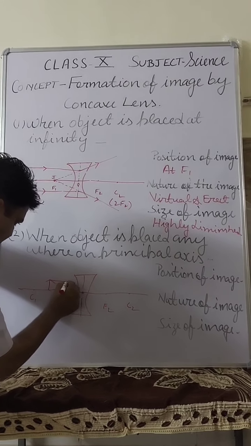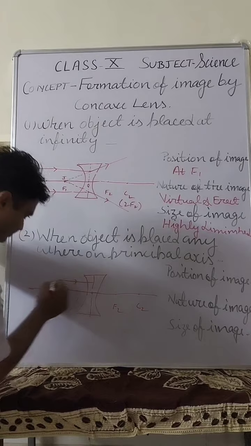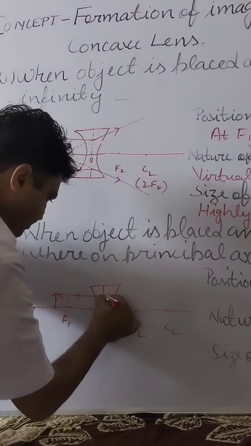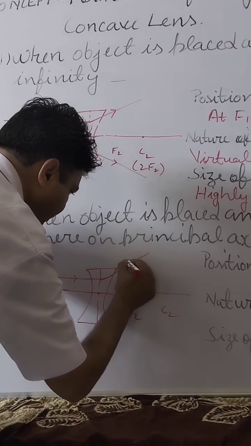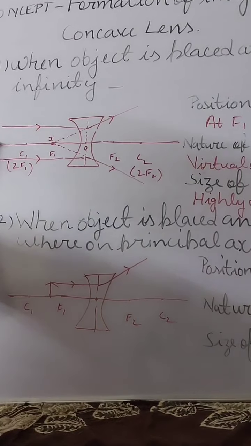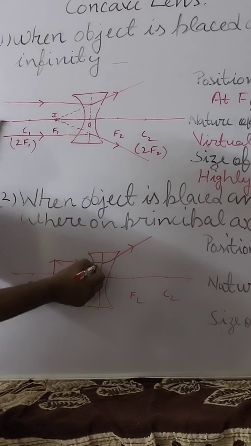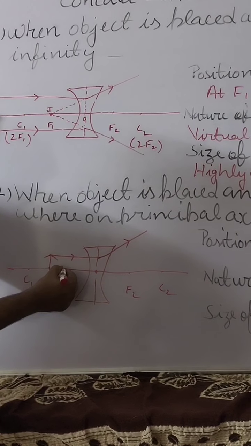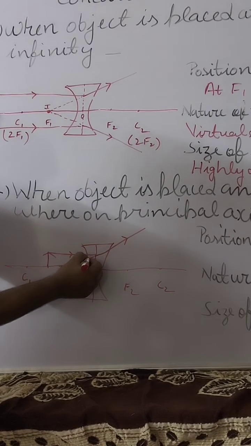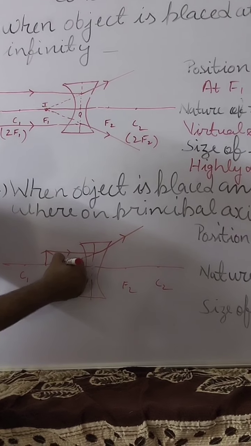We will draw the incident rays. These are the incident rays. Now from here the incident rays will be refracted. They appear to meet here at the F1.